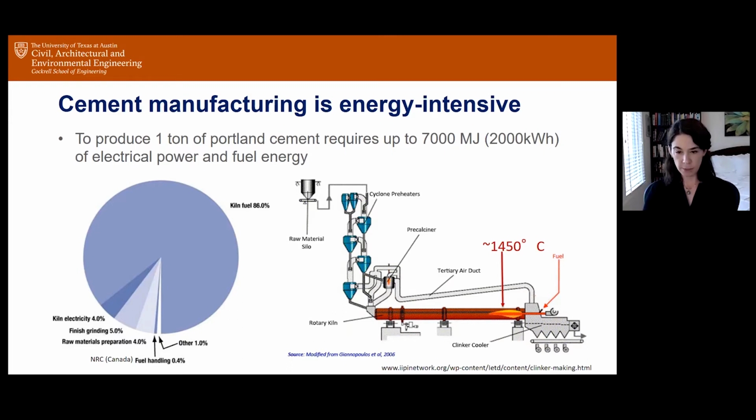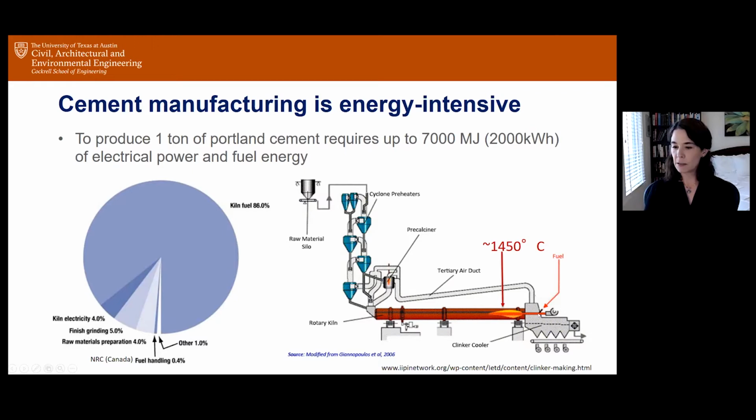And the diagram on the right shows this process where the raw materials are inserted in the top left and go through a process of preheaters through this kiln to the output. And the fuel is on the far right of this process, where we primarily have our fuel source.